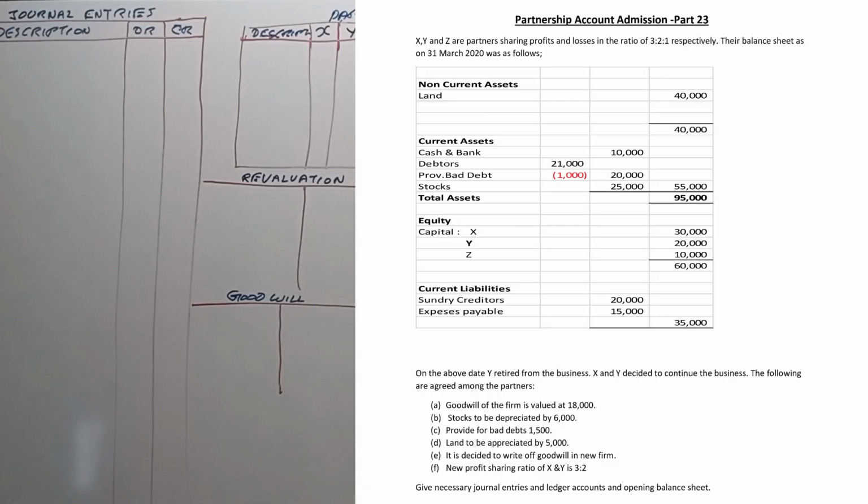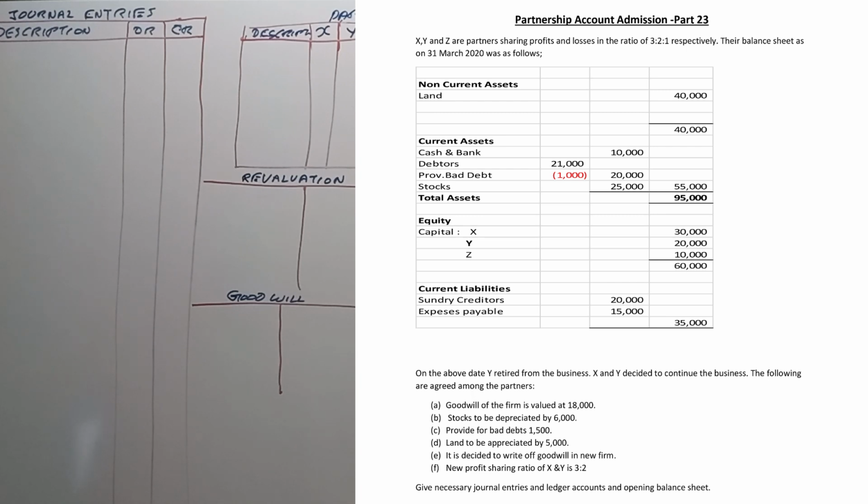X, Y, and Z are partners sharing profits and losses in the ratio of 3 is to 2 is to 1 respectively. Their balance sheet as on 31st March 2020 is as follows: land 40,000, cash and bank 10,000, debtors 21,000, provision for bad debts 1,000, stocks 25,000, and capital of X, Y, Z 30,000, 20,000, 10,000, sundry creditors 20,000, expenses payable 15,000.